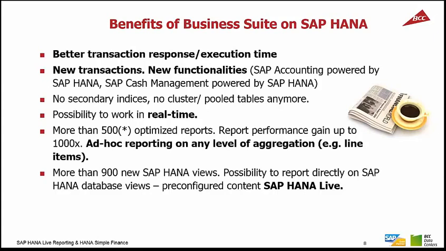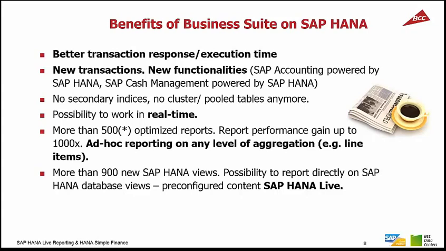We can resign from secondary indices. There are no more cluster or pool tables. We have the possibility to work in real time with the transactions that had to be called in the background before because they took so much time to execute.